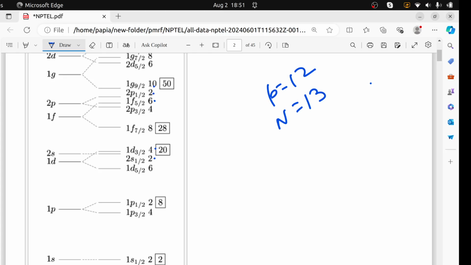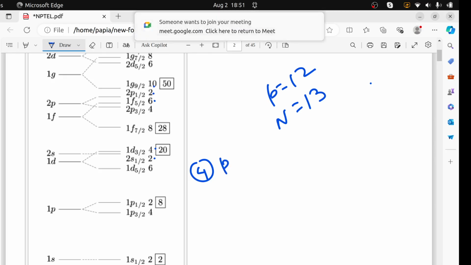So proton 12 means 2, 4, 6 and 2, it's 8, and then there will be 4 for proton. But for neutron, actually there will not be 4.